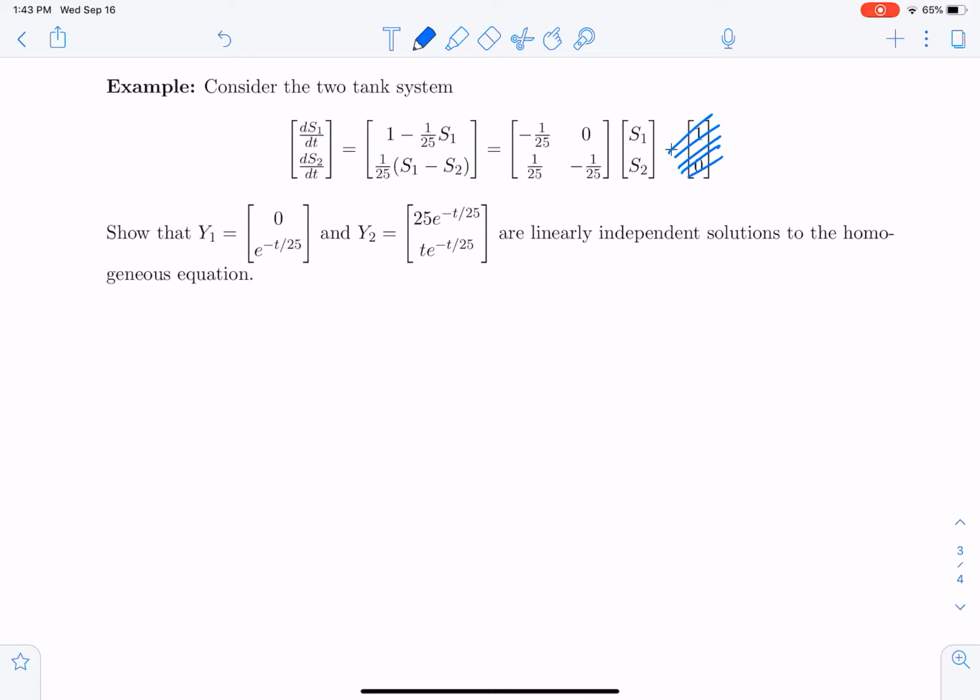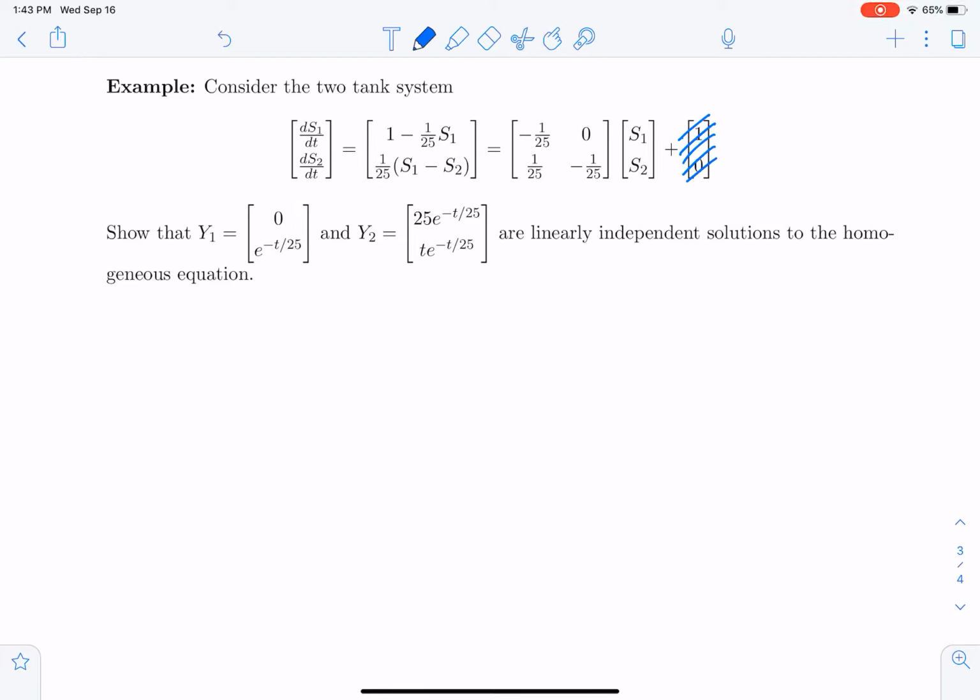Now, we're going to prove that they are solutions, but the method for obtaining these two solutions will be presented in a future video. So for now, again, I'm going to just assume that this vector (1, 0) does not exist, so I can look at just the homogeneous problem, and I'm going to show that these two functions are solutions.